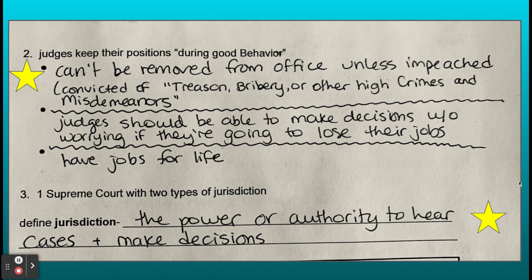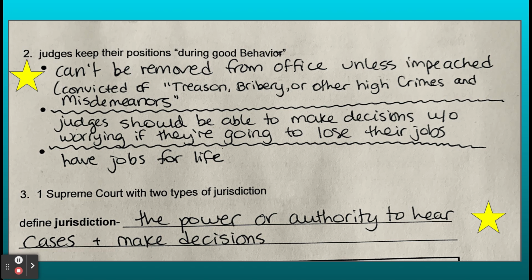All right. So for number two, judges keeping their positions during good behavior. No Supreme Court justice has ever been kicked off the Supreme Court because of their behavior. I'm not sure about other federal judges at different levels beneath the Supreme Court. My guess is maybe it's happened, but I don't know. If you really want to know, you should Google it.